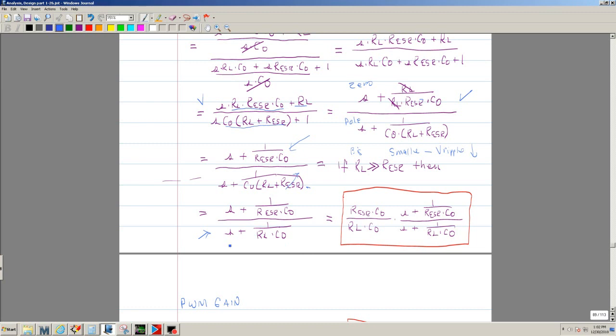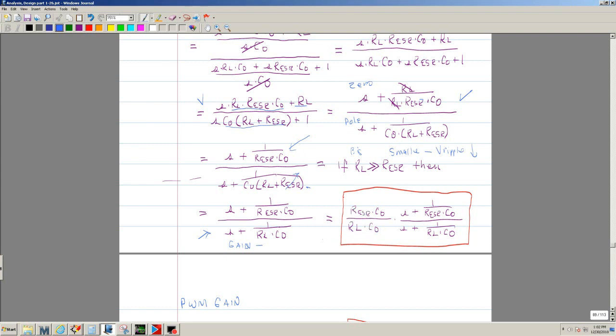Now this will give you a gain, so I can plot it properly on one unity. So what I want to do is I bring out this coefficient, the ESR, and I bring it out to the front.